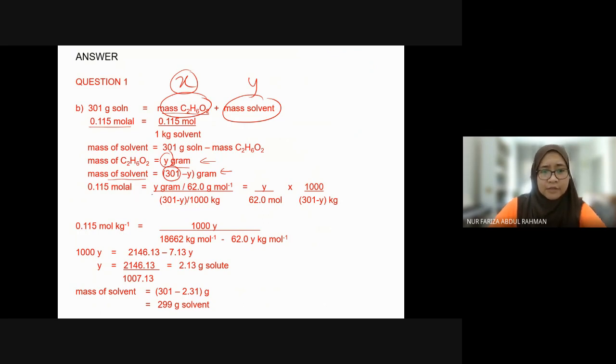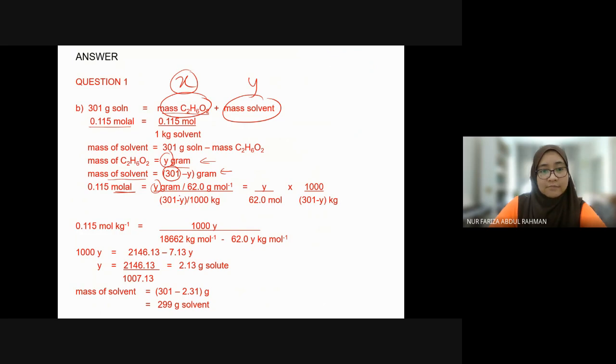And then from there, we expand the formula. To find the mole, the Y gram, where Y is, remember, the solute, the Y gram divided by the molar mass. This is the formula of molality, divided by the mass of solvent in kilogram.